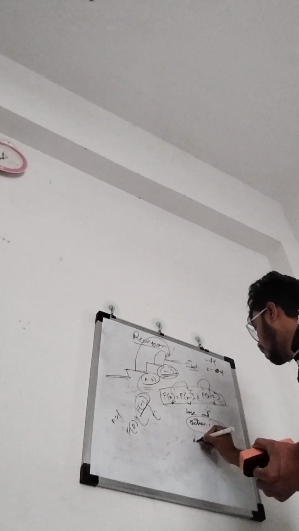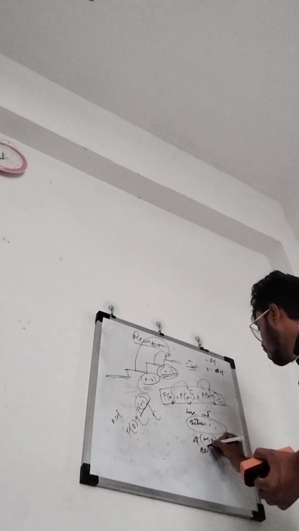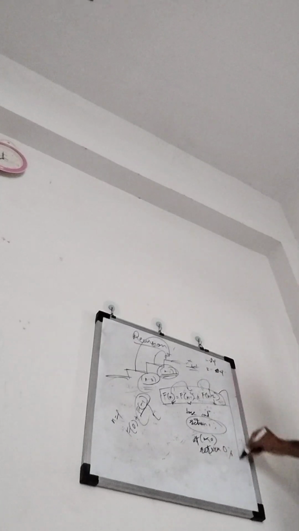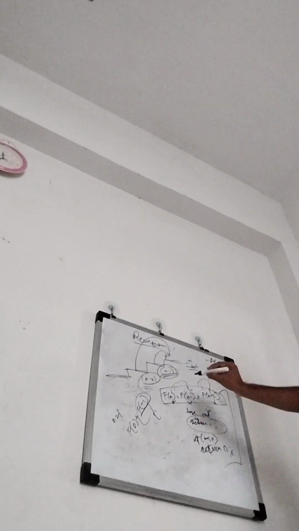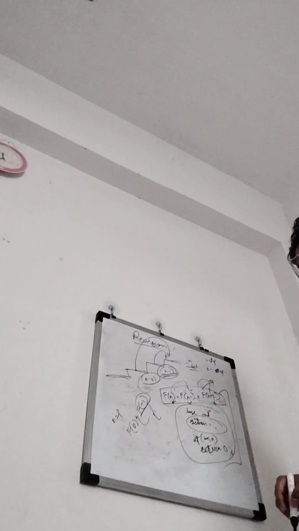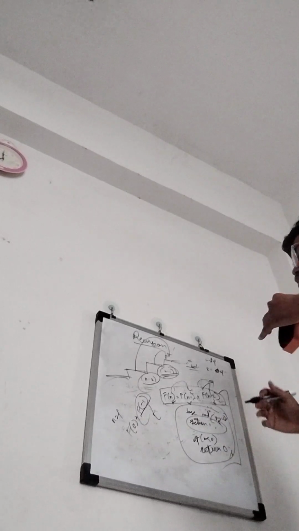So we'll again write, if n is less than 0, you will basically return 0. And that is the basic code of yours. This is your recursive relation and this is your base condition. If n equals 0, return 1.